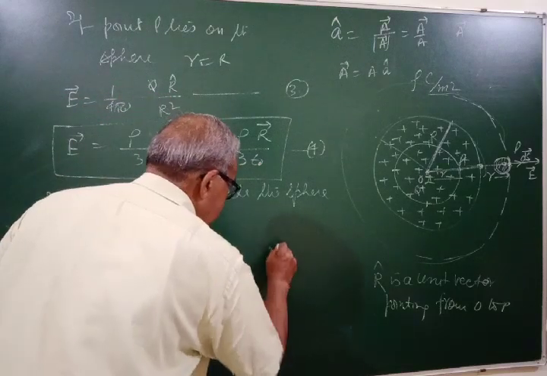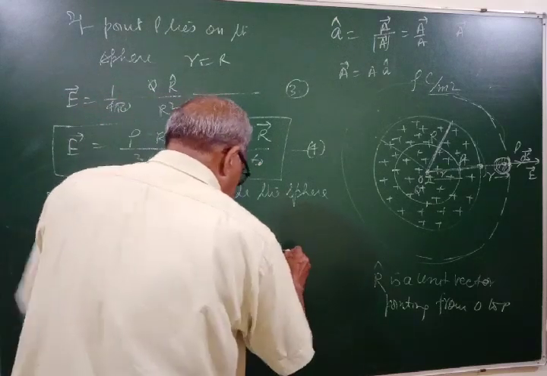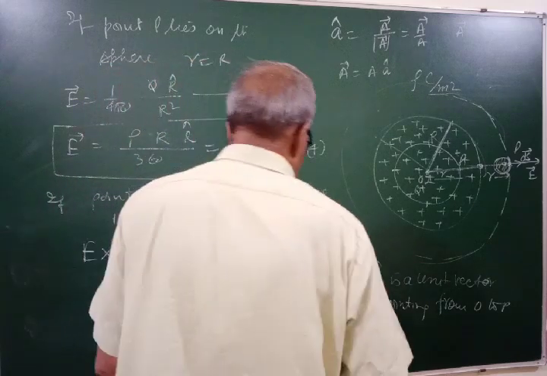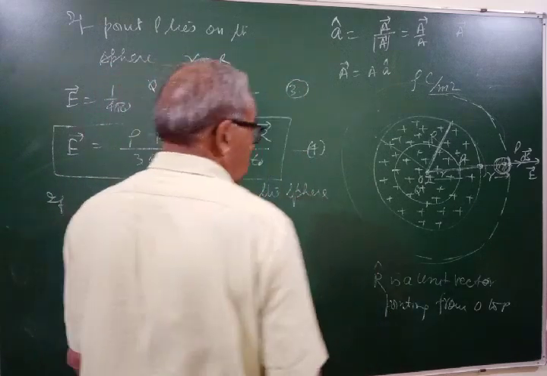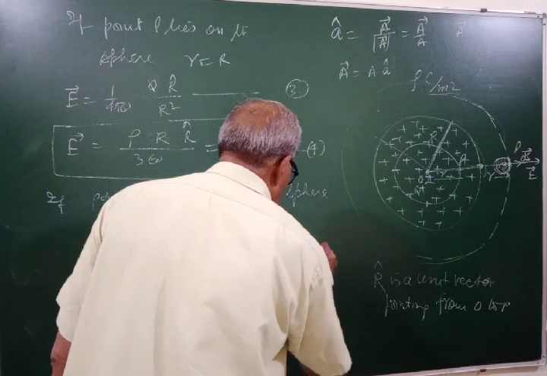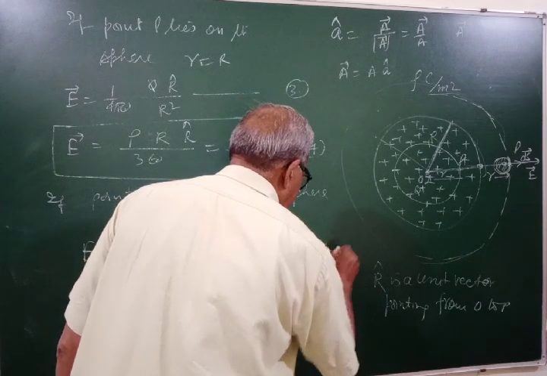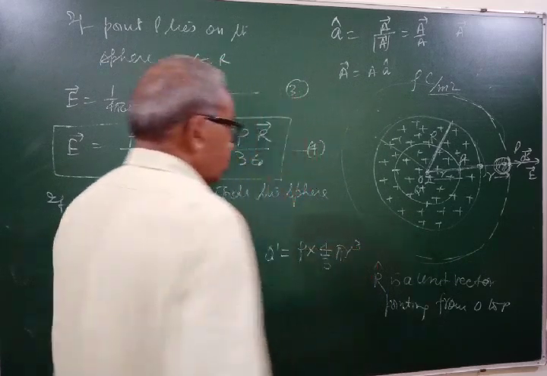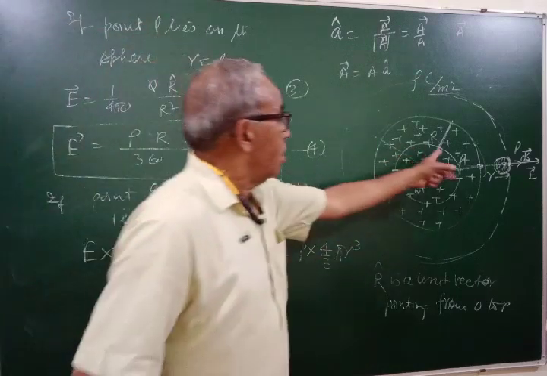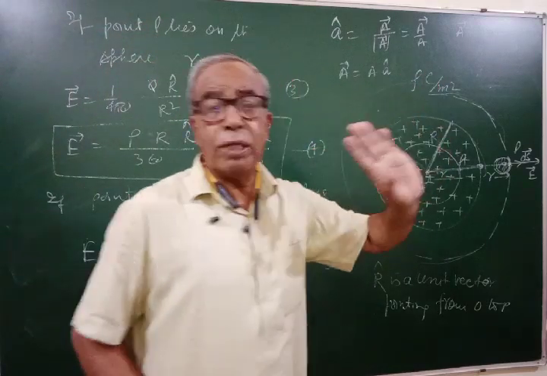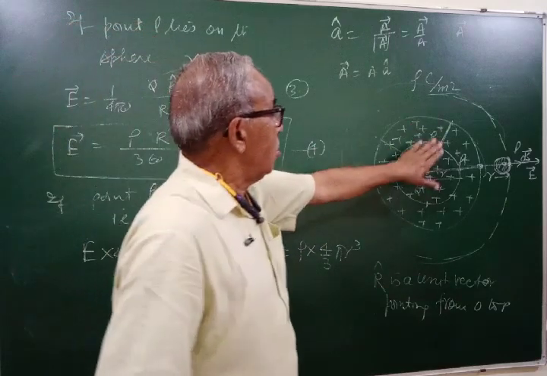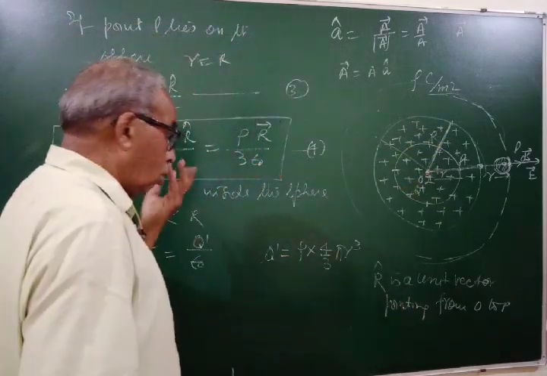But Q dash is equal to rho into 4 upon 3 pi r cube, where rho is the volume charge density, constant throughout.